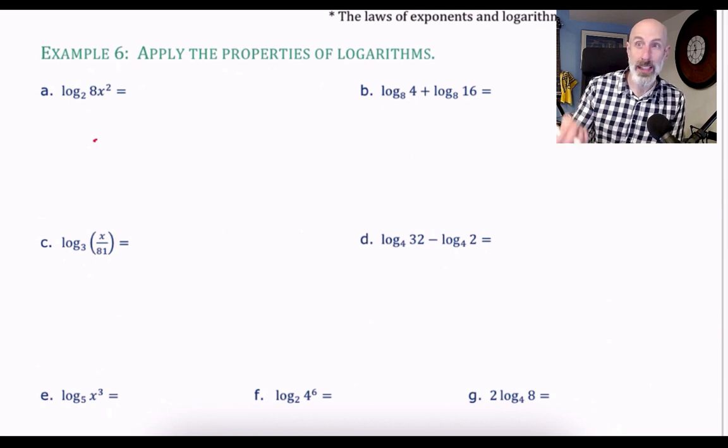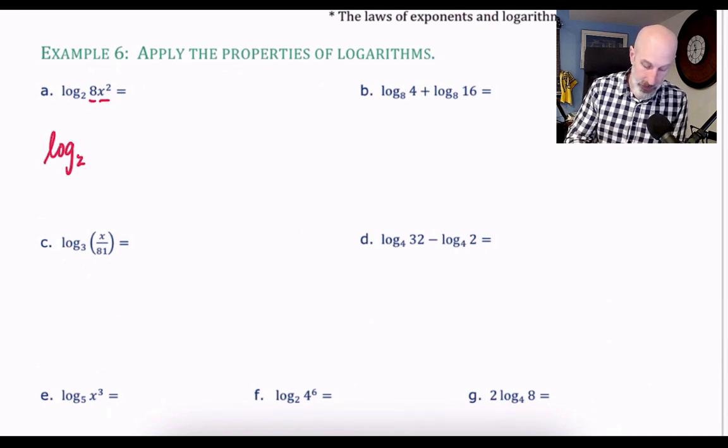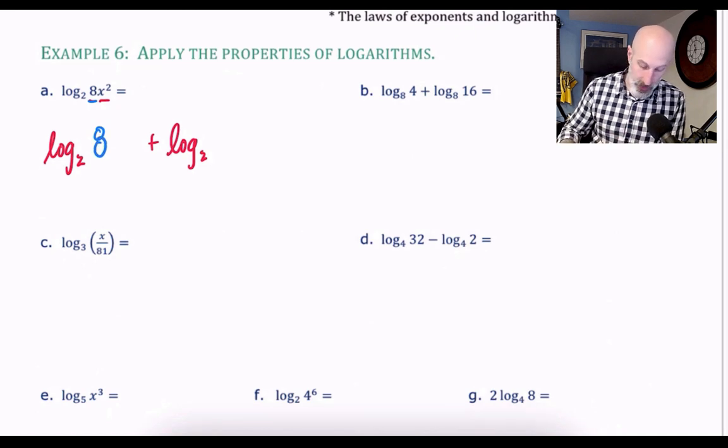So what we can do is separate the 8 and the x squared as two separate factors, using the property that says multiplication inside of a log, like we have, can be changed into the addition of two separate logs. And once again, the two factors in the argument are 8 and then x squared. And that is one way that we can break this guy up.